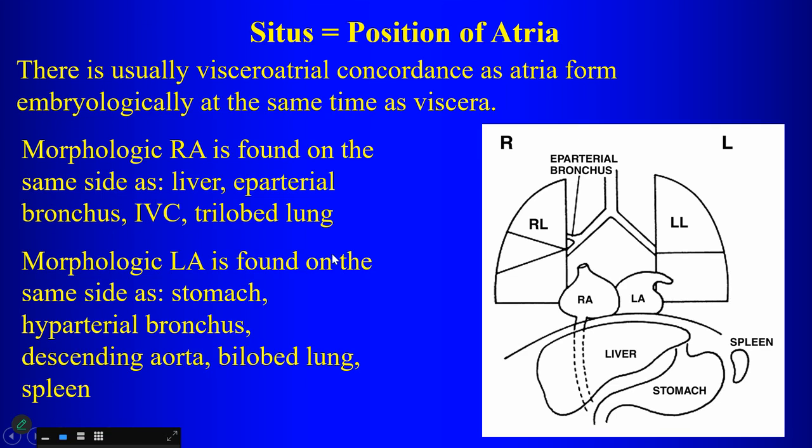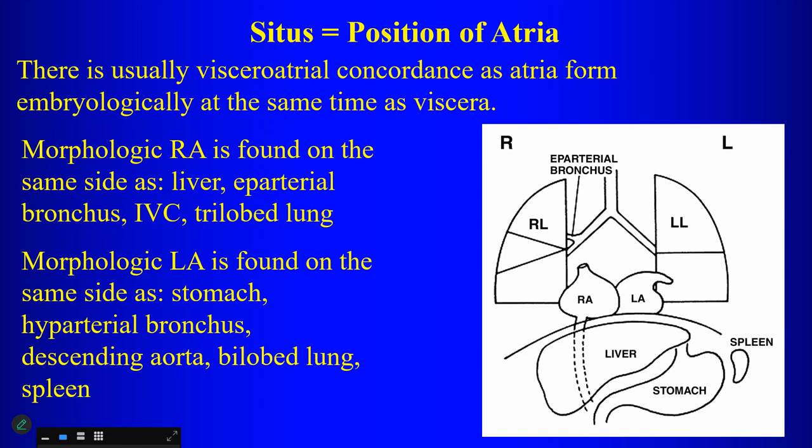So when we're talking about the heart itself, the situs of the heart refers to the atria. We're really talking about the atria, not the ventricles, because the atria differentiate into morphologic right and left very early on during embryology. The ventricles take their positions later.